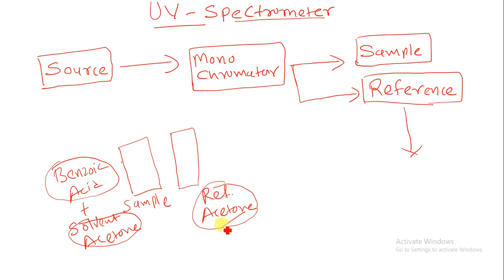The two acetones overlap, so I get only the peak for benzoic acid. That is why the reference is used.